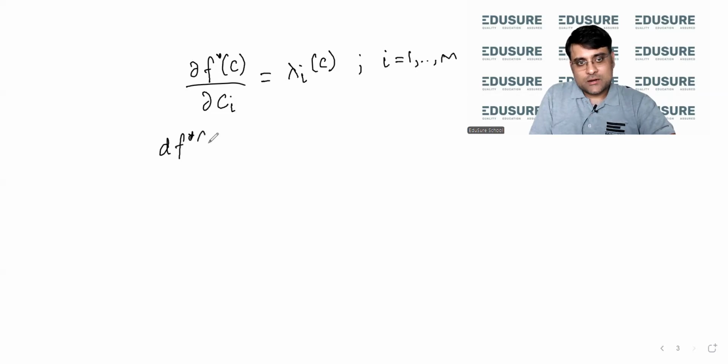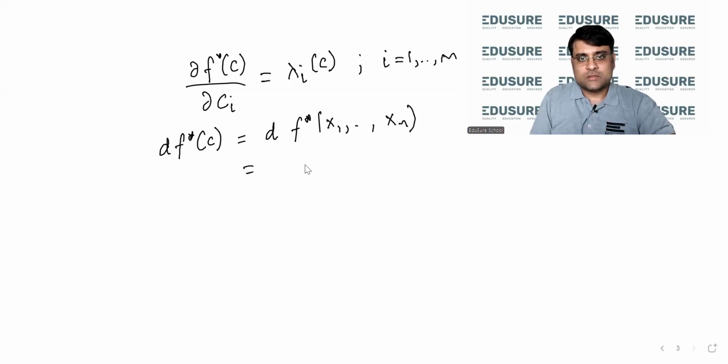df star is nothing but, if I take a look at this entire expression, d of f star, which is going from x1 up to xn.